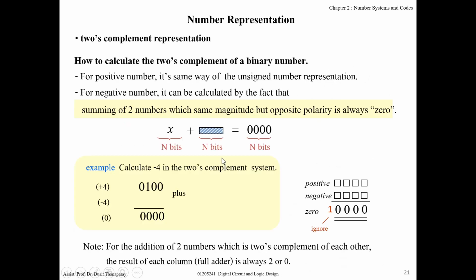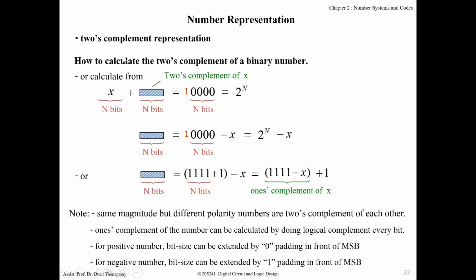Okay. And let's consider this one. This number x plus its 2 complement, and the result will be 0 0 for n bits. If you add one more bit, it should have 1 at here, which comes from the carry out of this digit addition, or its value is 2 to the power of n.